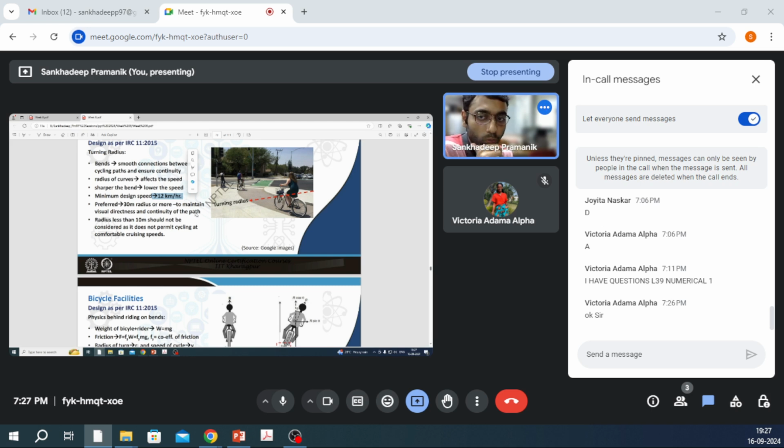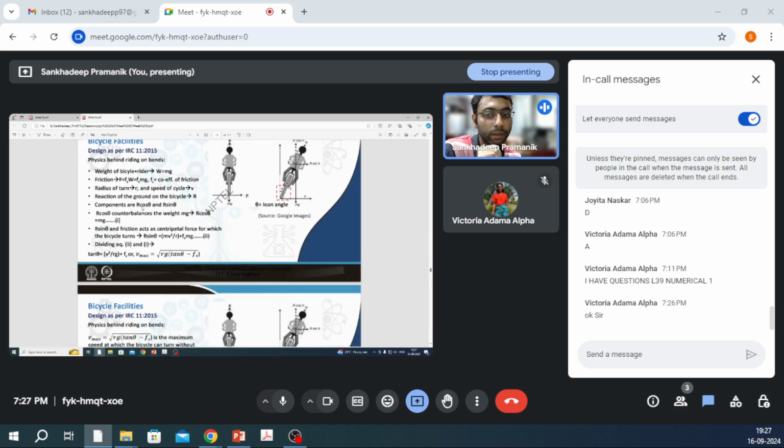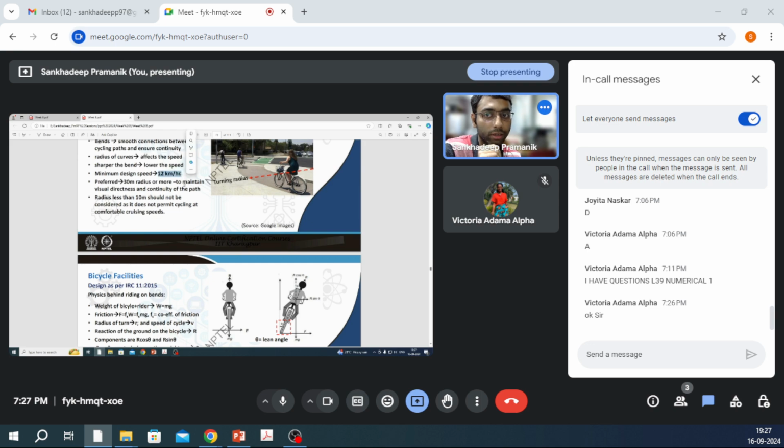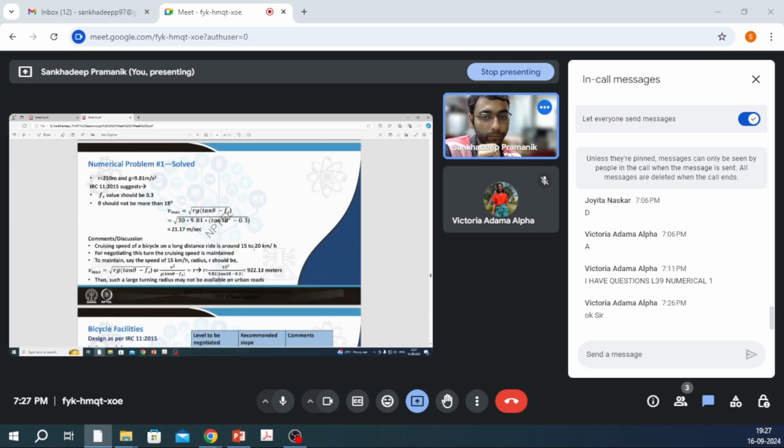So that's why this speed is quite higher than the normal design speed of 5 kilometers per hour, but for the curve it is 12 kilometers per hour. And it is not very high like 15 or 20 kilometers per hour, because then a very high radius of the curve is required. I hope it's clear.